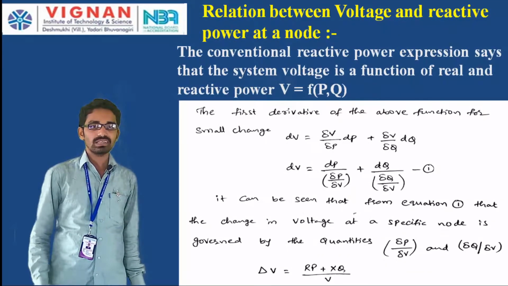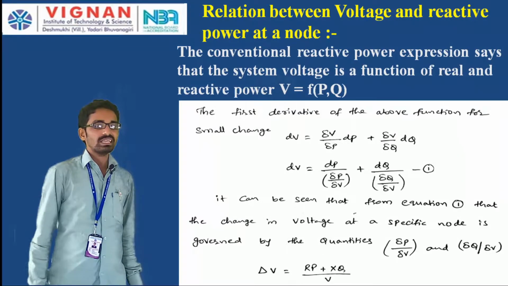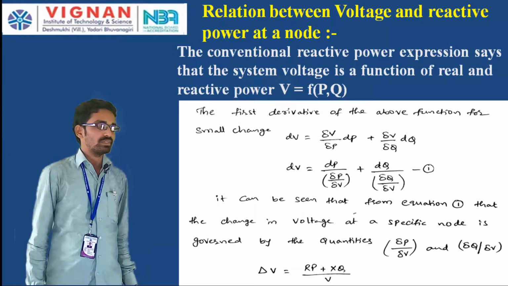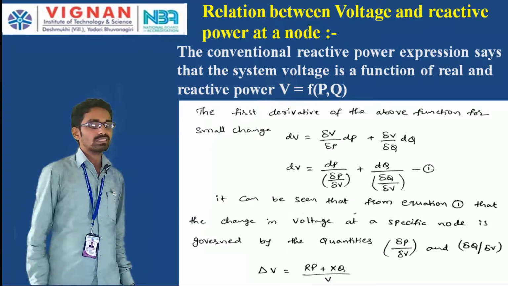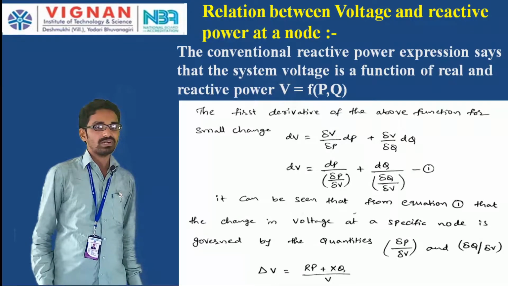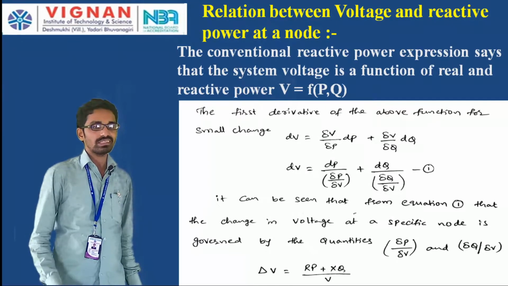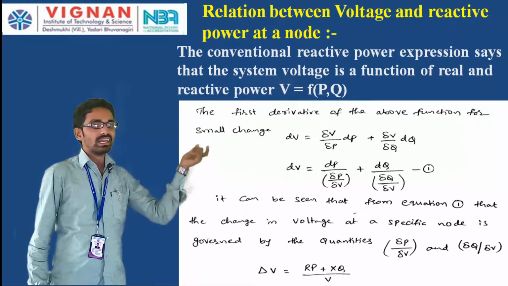Now the first topic, the relation between voltage and reactive power at a particular node. The conventional reactive power expression is Q is equal to V I sin phi, which is a function of voltage. What I am saying is that the system voltage is a function of real and reactive power.